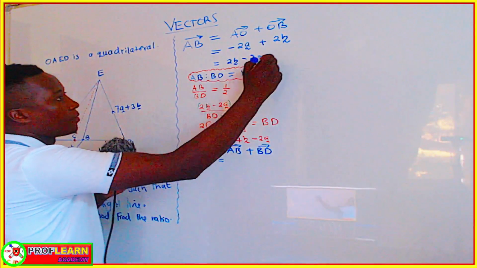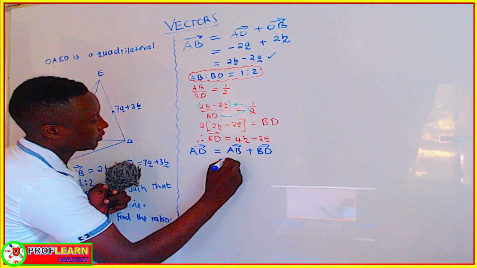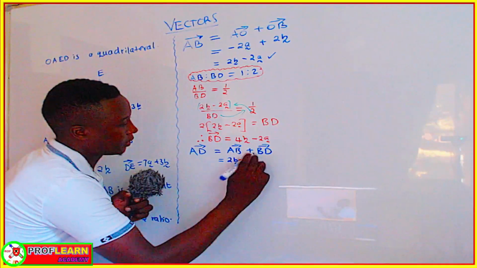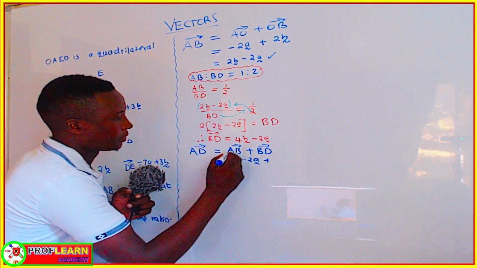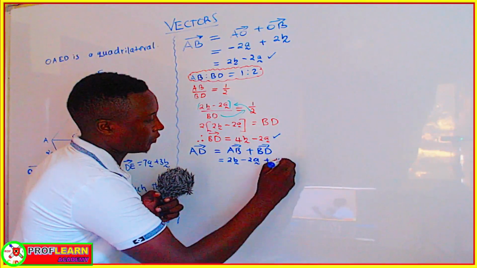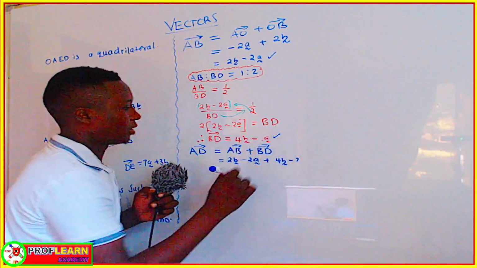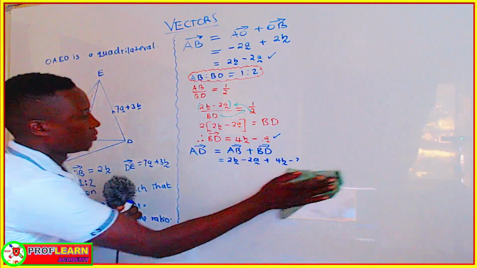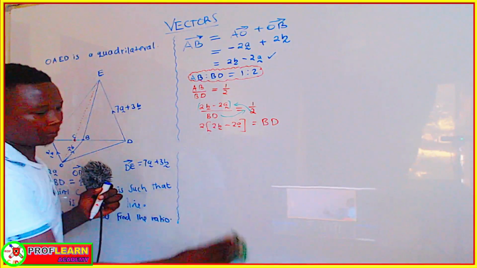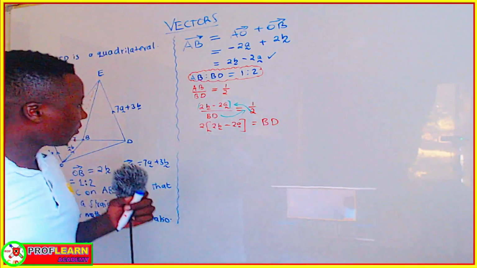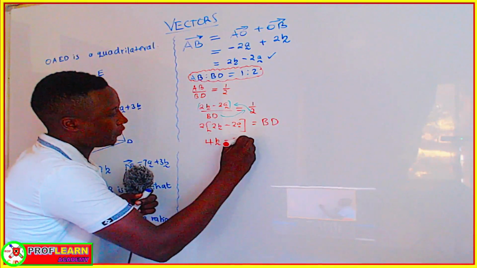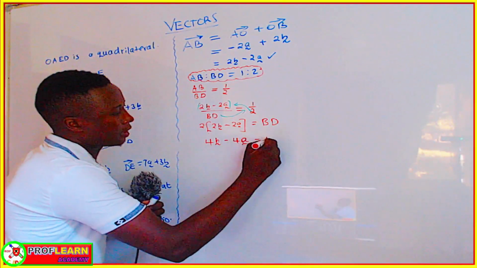And that is our AB, we have it here, which is 2 vector B minus 2 vector A, plus BD, and our BD we have it here, which is 4 vector B minus, if we open the brackets, we're going to have 4 vector B minus 4 vector A is our BD.